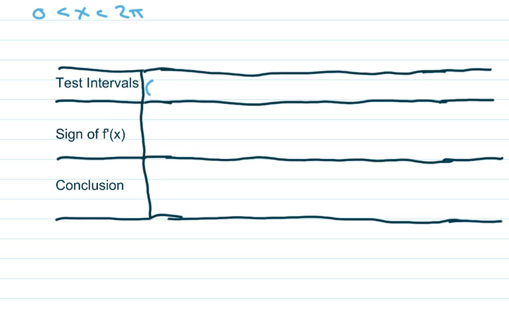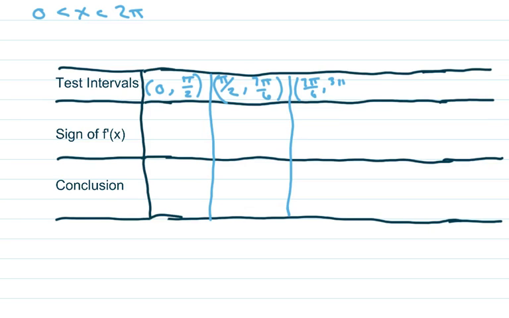And then my next number was pi over 2, so we're going to go from pi over 2 to 7 pi over 6, then 7 pi over 6 to 3 pi over 2, and then 3 pi over 2 to 11 pi over 6, and finally 11 pi over 6 to 2 pi, which is 12 pi over 6.